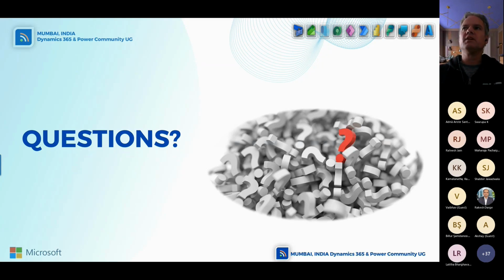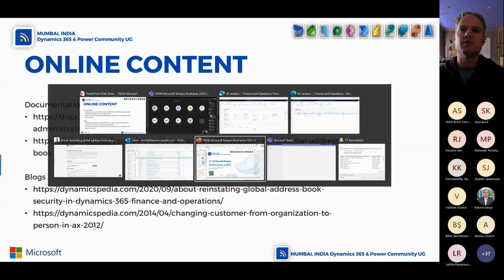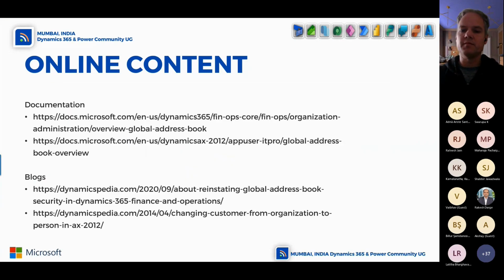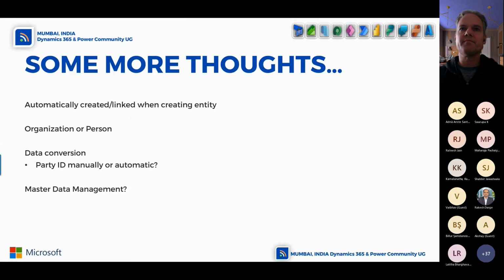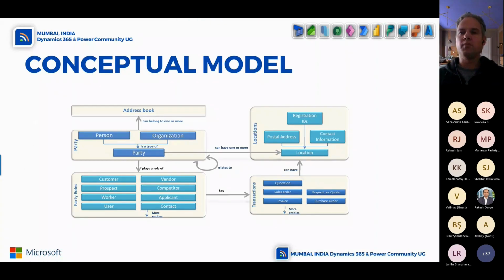Yes, that is possible. In fact, the same address information. However, if we look at the conceptual model, a party has a location, and the location is unique for each of the parties.